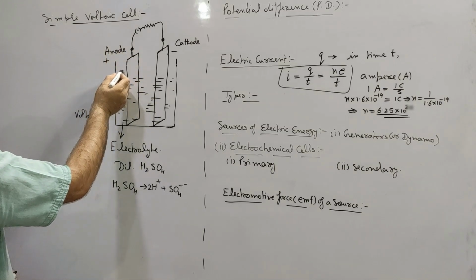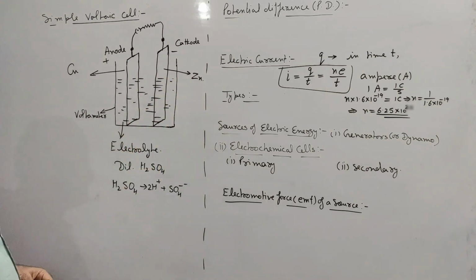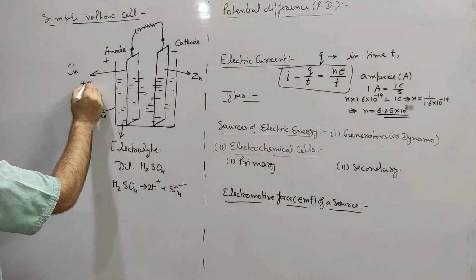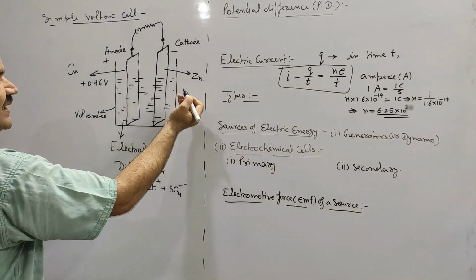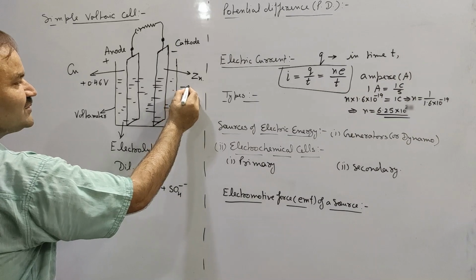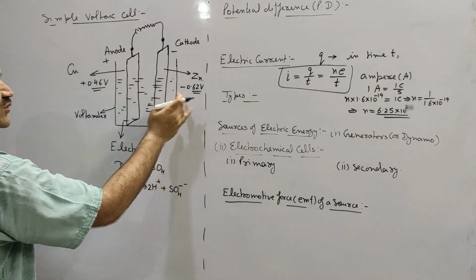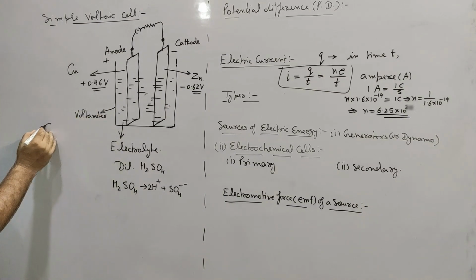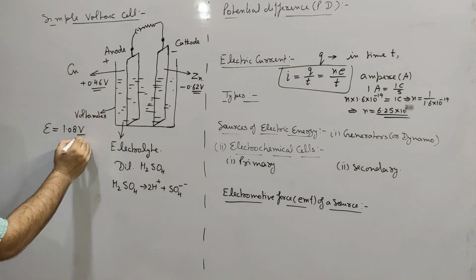then this anode is made up of copper and this cathode is made up of zinc, and when dipped in electrolyte, copper can attain a positive potential of 0.46 volt, while zinc can attain a negative potential of 0.62 volt, and the difference of these two potentials is the electromotive force of the cell, E, which is 1.08 volt.